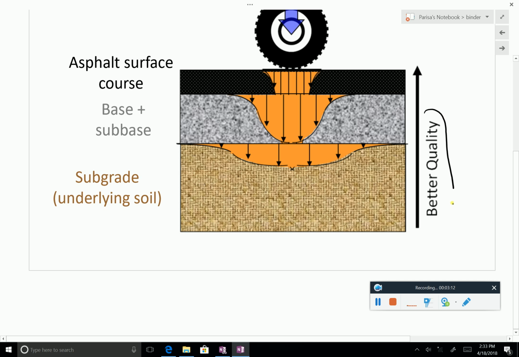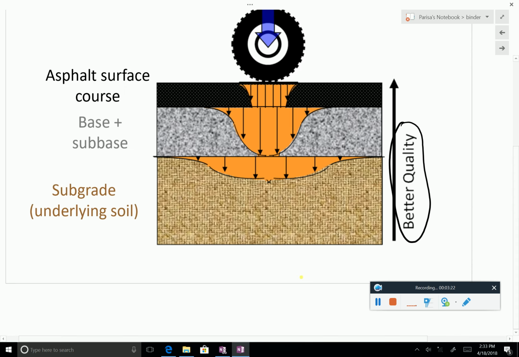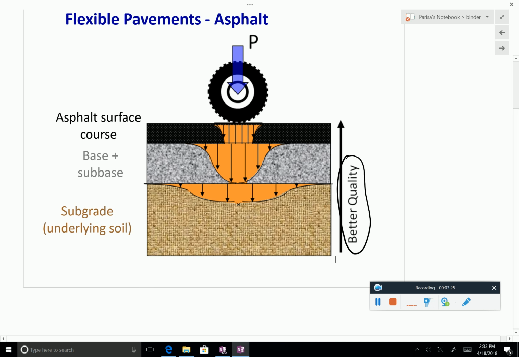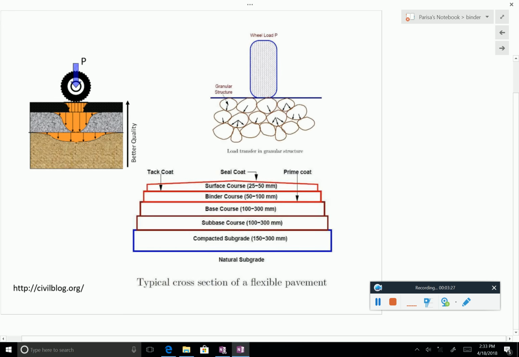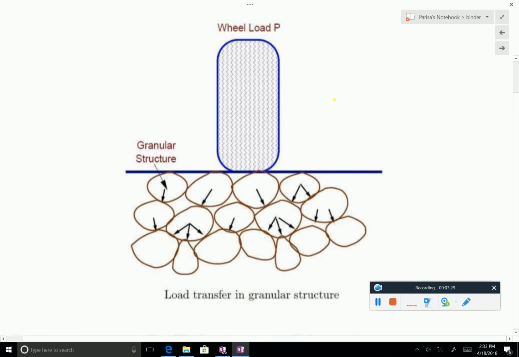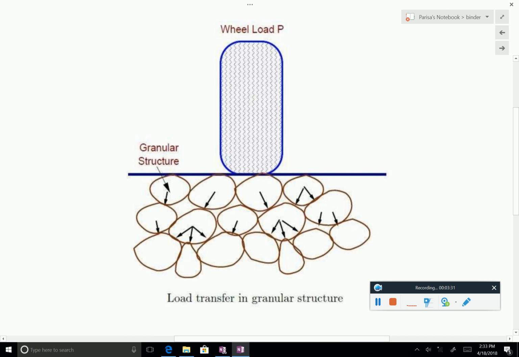Look at the quality. As you go towards the surface, because you have more stress, you need higher quality material, which means that everything is more strict. Asphalt is a combination of aggregates, and asphalt binder basically glues these aggregates together.